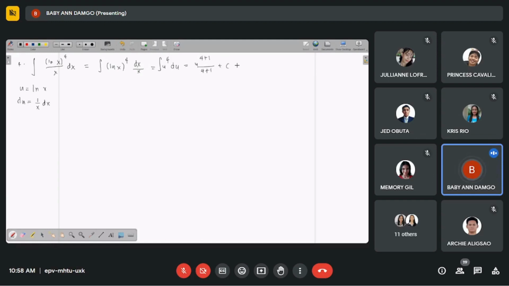Simplify: u to the 5th over 5 plus c. Since our answer should be in terms of x, we need to substitute the value of u, which is equal to ln x. So, this is equal to ln x to the power of 5 over 5 plus c.